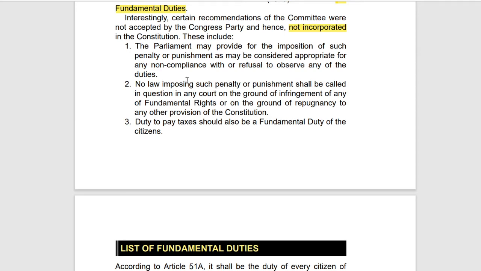So here we can write non-compliance. Okay, we can also write here penalty. If I write only these 2 words, penalty and non-compliance, can I understand this when I revise this? Of course I can understand. I will get to know that the committee recommended penalty for non-compliance. Then again check on court.